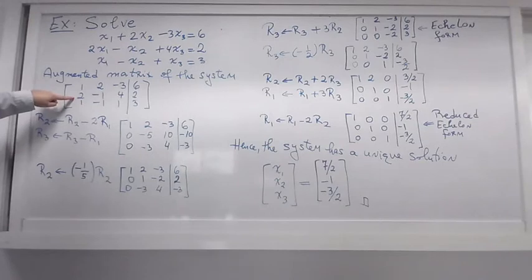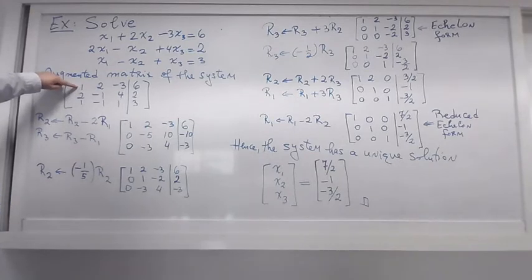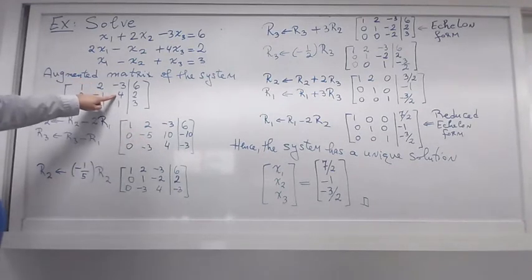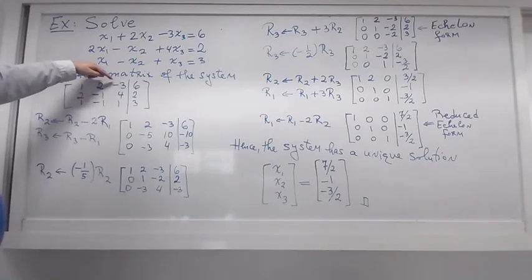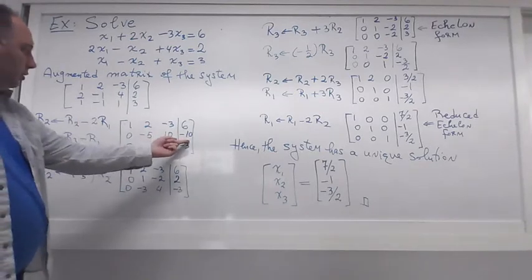So first thing we need to do is try to put 0 here, and we need to replace row 2 by row 2 minus 2 times row 1, and then we do the job. So 2 minus 2, 0, minus 1 minus 2 times 2, so minus 1 minus 4 is minus 5, and then 4 minus 2 times minus 3, so 4 plus 6 is 10, and 2 minus 6 times 2, so 2 minus 12 is minus 10.